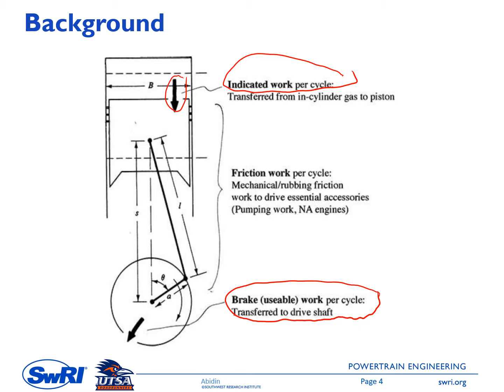So not all of the indicated work is available at this point. The difference is called the friction work. This friction work consists of mechanical or rubbing friction, and then work to drive essential accessories, and then the pumping work. So we have detailed information in the next slide.